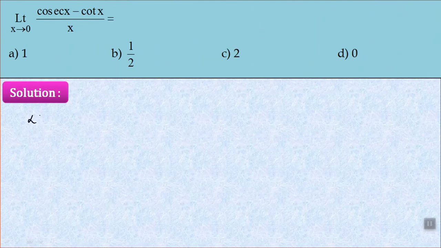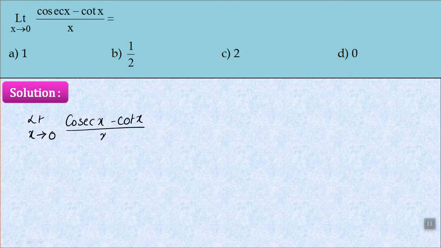Here the question is limit x tends to 0 of (cosecant x minus cot x) divided by x. Here we substitute the limit, we get cosecant 0 is infinity minus cot 0 is infinity, infinity minus infinity form.